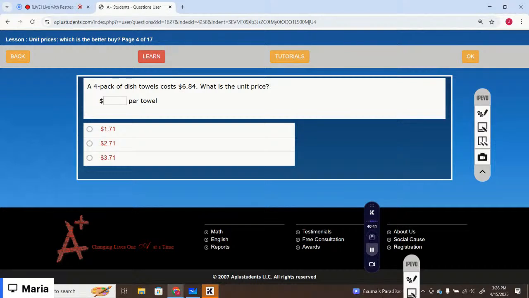A 4 pack of dish towels costs $6.84. What is the unit price? So which is the correct option?